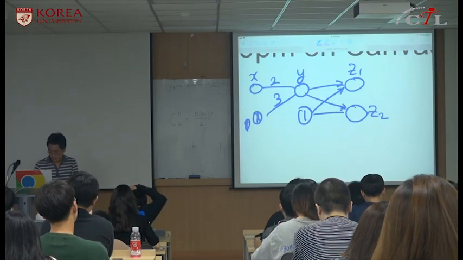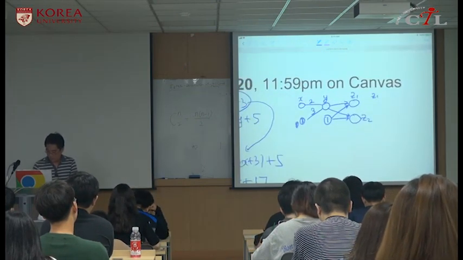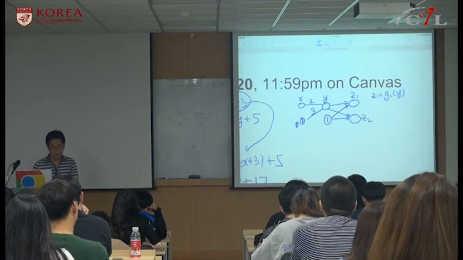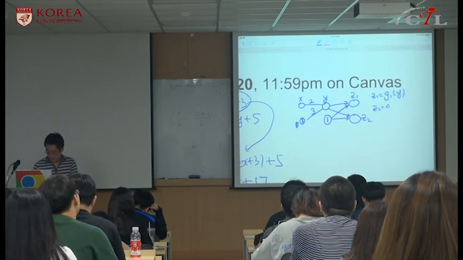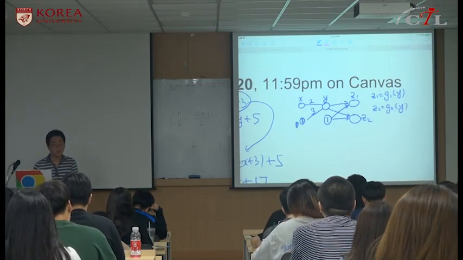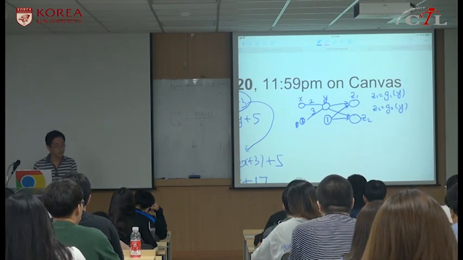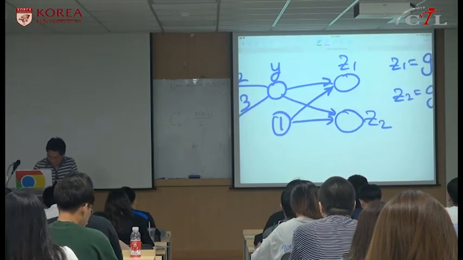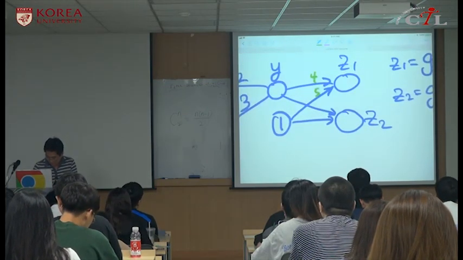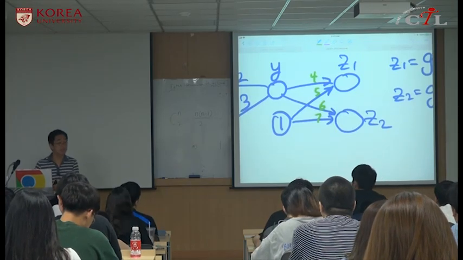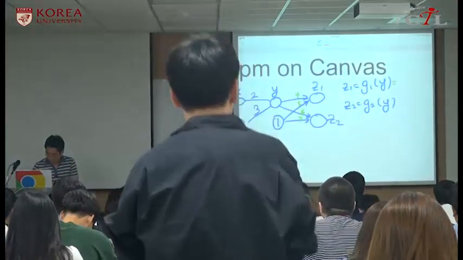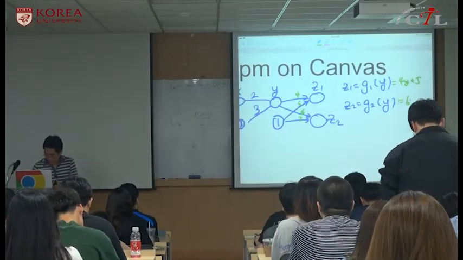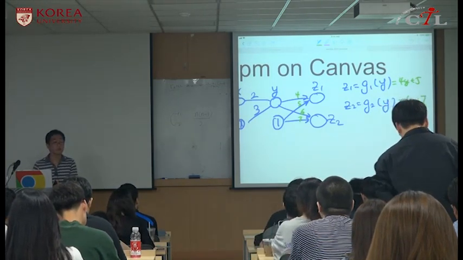So Z1 has its own function G1 of Y, and Z2 has its own function G2. Let me assign some numbers: 4, 5, 6, and 7. So in this case, Z1 is 4y plus 5 and Z2 is 6y plus 7, right?